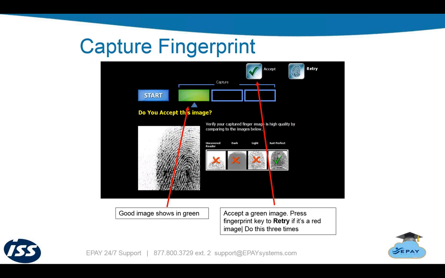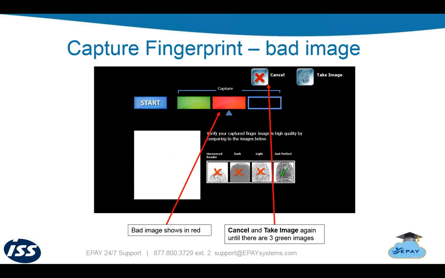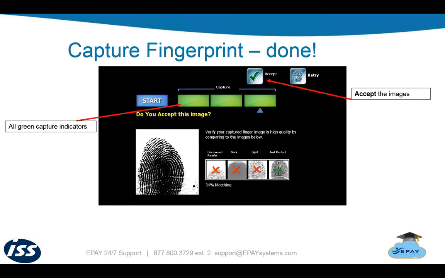And what I've learned with this system is if you get a green box, go ahead and accept it, because you will find out that employees are not going to walk up to the clock the exact same way each and every time. And like I said, if it's bad, it's going to give you a red. You just have them lift their finger and you're going to rescan the picture again.